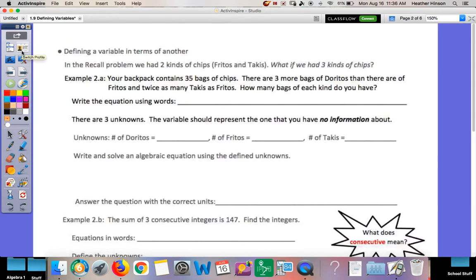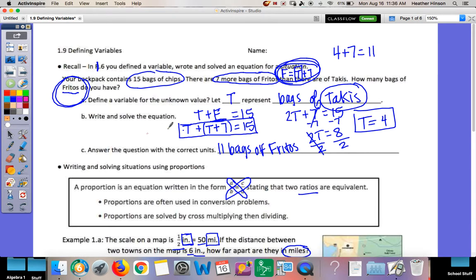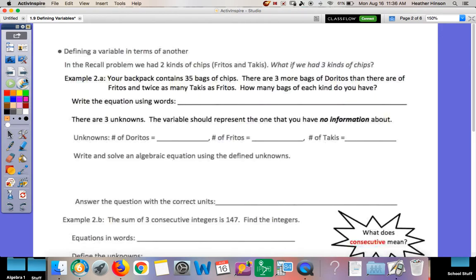Okay, the other type we're going to look at is when we're defining variables in terms of another variable. We're talking about multiple things, but we can only have one variable. If you recall the problem we did at the very beginning about the Takis and Fritos, we had 2 types of chips. But what if we had 3 types of chips?